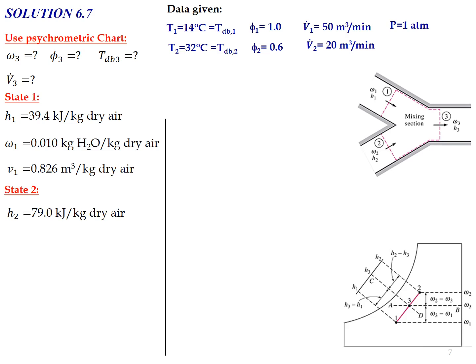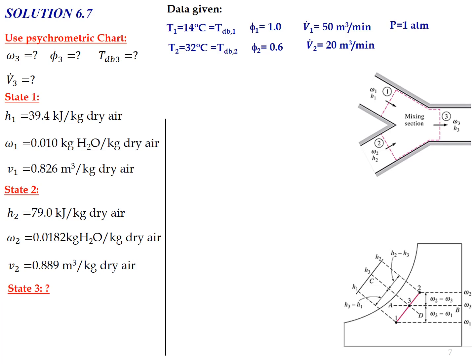For state number 2, we also already determined using the psychrometric chart H2 equal to 79.0 kJ per kg dry air, omega 2, the specific humidity at state number 2, equal to 0.0182 kg H2O per kg dry air, and specific volume V2 equal to 0.889 meter cubic per kg dry air.